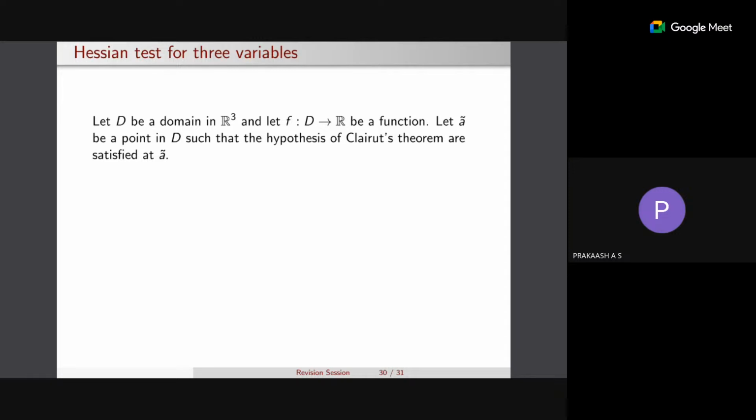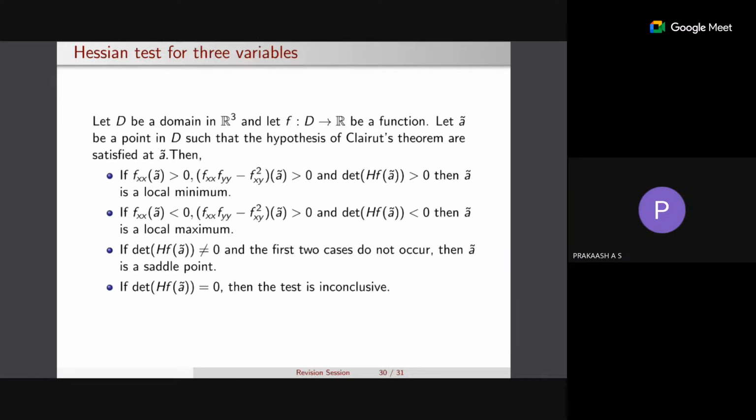And for 3 variables, the conditions are the following. First of all, the hypothesis of Clairaut's theorem has to be satisfied, meaning second order partial derivatives must exist and they must be continuous. And then these are the conditions. Once again, as in the case of 2 variables, if the determinant is 0, then the test is inconclusive. Here it is better to look at a diagram.